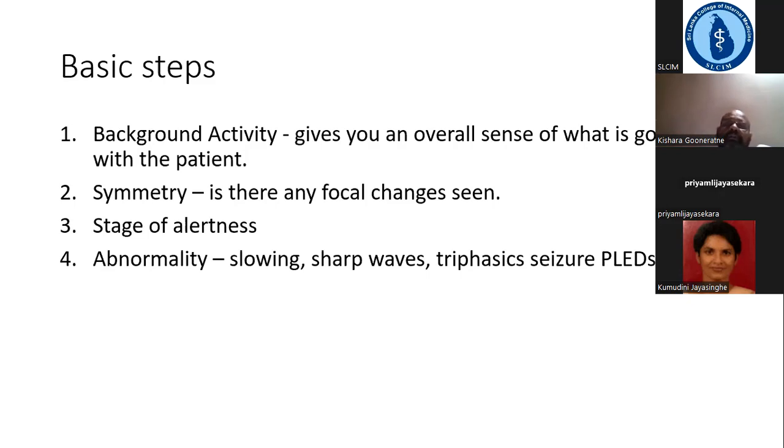Then you also look at whether the patient is alert, whether this is an awake EEG, or is this a sleep EEG, or whether it has two components. So often our 20-minute EEG recording will comprise mainly awake components, but we also do a few other things when we are recording the EEG.